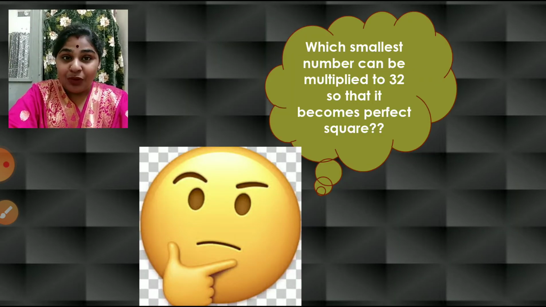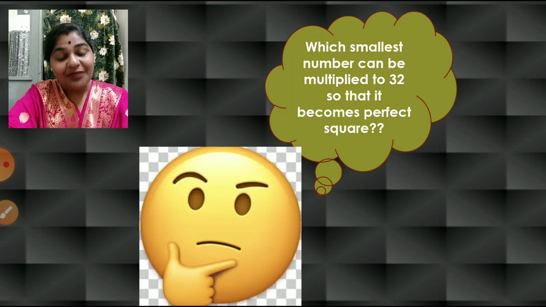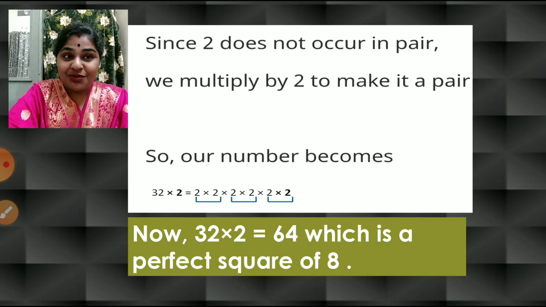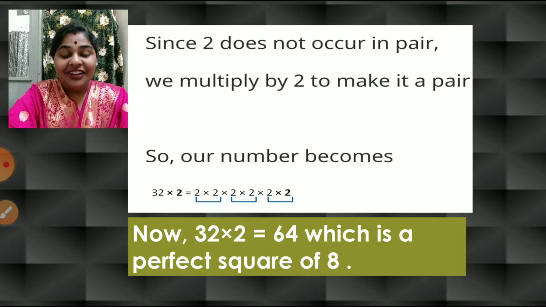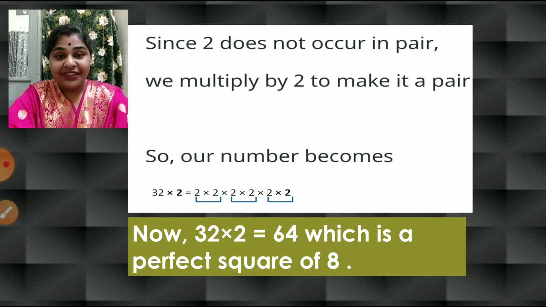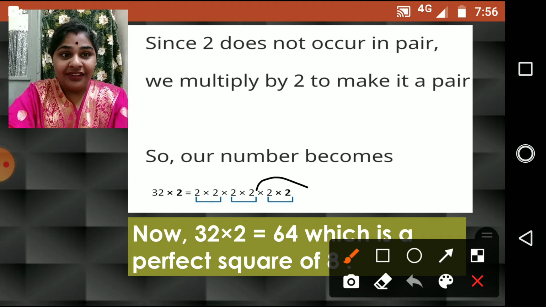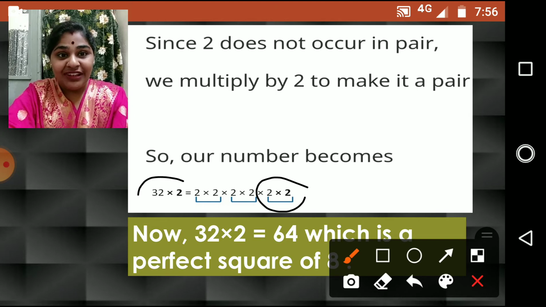Now, which smallest number can be multiplied to 32 so that it becomes a perfect square? Since 2 does not occur in a pair, we multiply by 2 to make a pair. When we multiply on the right hand side, similarly we have to multiply the same number on the left hand side also.